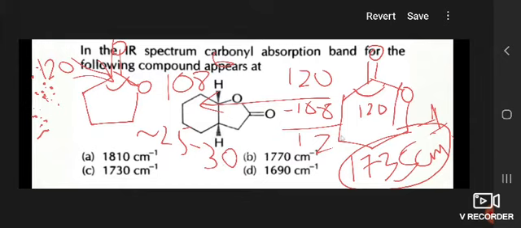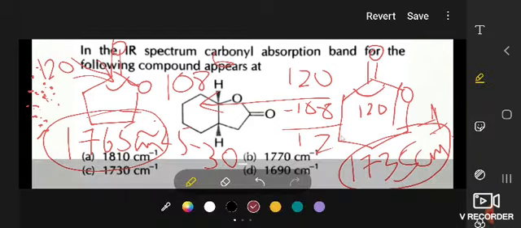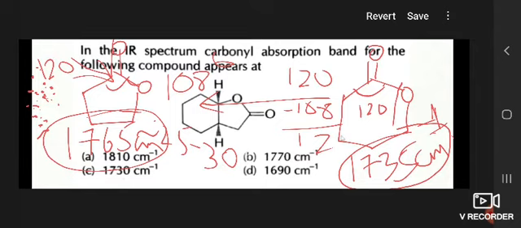If we add, suppose, 30 units to 1735, the value is around 1765 cm⁻¹. Now you have to search for the option in which the value is near about 1765 cm⁻¹, and out of the 4 options, the second option, 1770 cm⁻¹, is close to 1765 cm⁻¹.